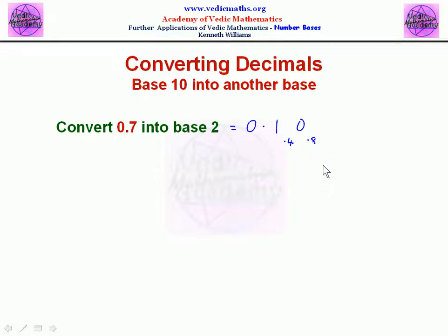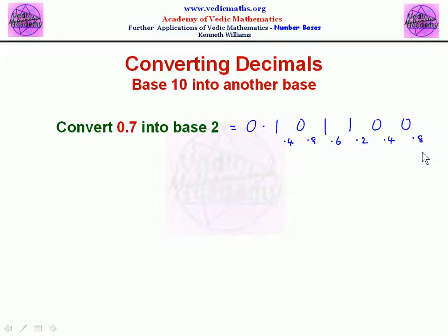We multiply the 0.8 by 2, we get 1.6. We multiply the 0.6 by 2, we get 1.2. We multiply the 0.2 by 2, we get 0.4. We multiply 0.4 by 2, we get 0.8.